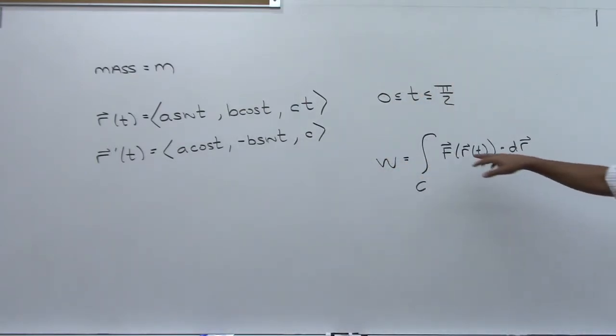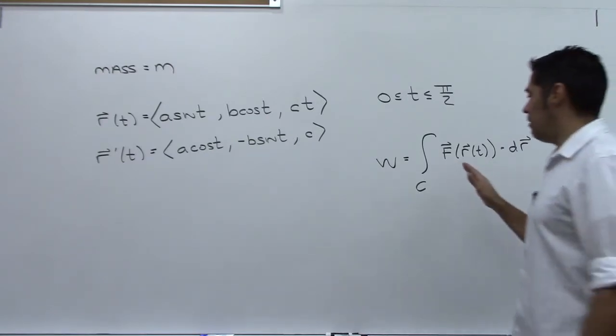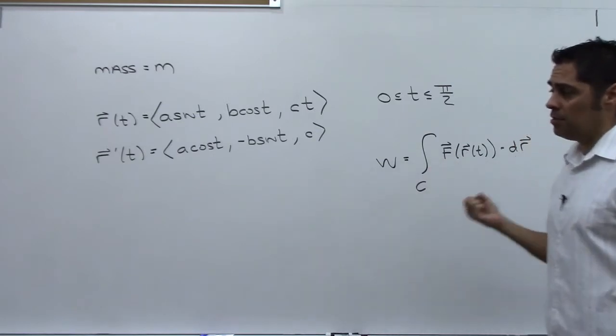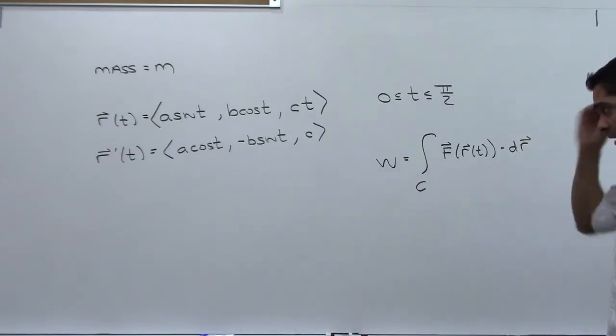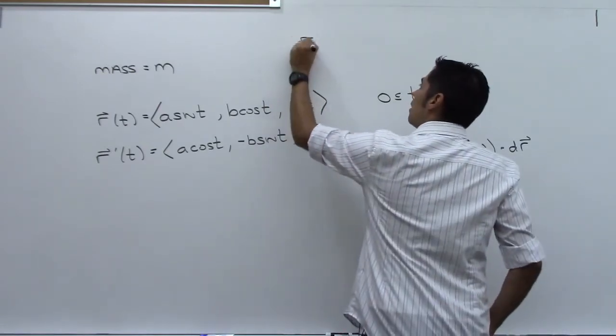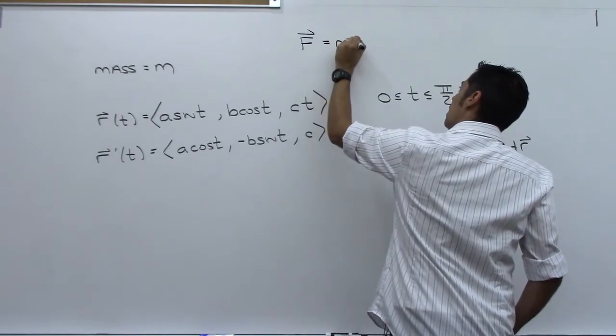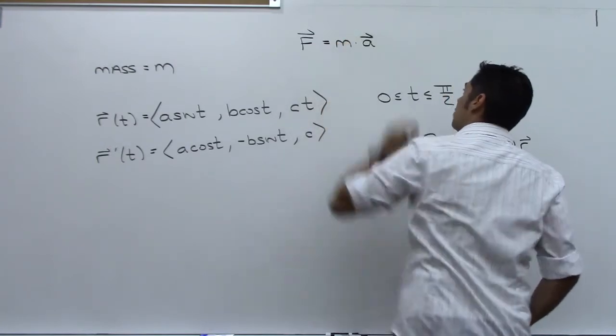But what about the field? What we can assume is that the field here is a force, because they're looking for work. So the force vector is equal to mass times the acceleration vector.